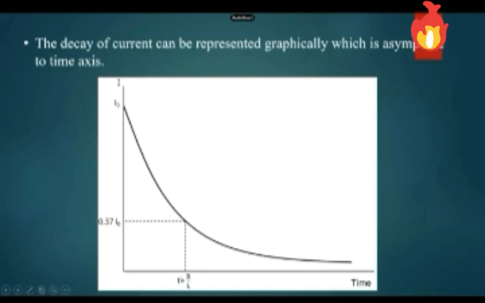At t equal to L by R, the current falls to 0.37 times I naught. So the current decreases exponentially. This is the graph representing the variation of current with time in the decay of current case in this series RL circuit.